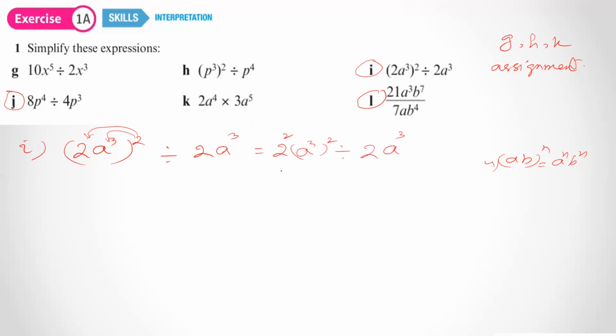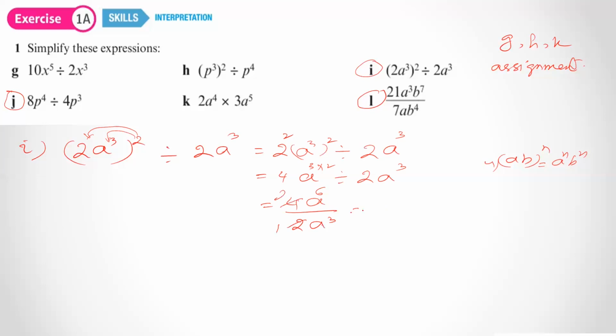Now it becomes 4 a power 3 times 2 divided by 2 a power 3. Means it is 4 a power 6 divided by 2 times a power 3. So 2 times 1 is 2, 2 times 2 is 4.